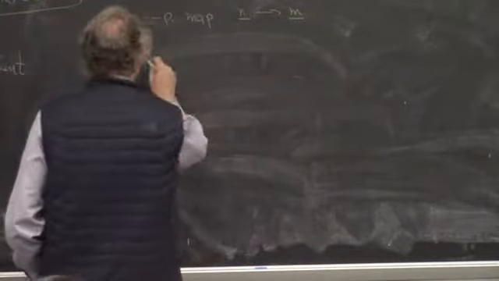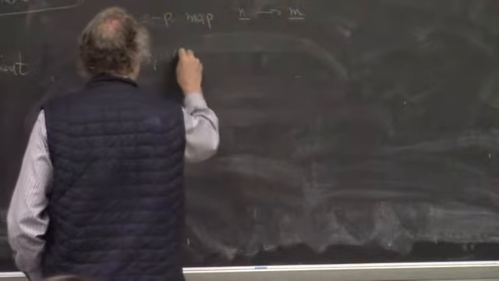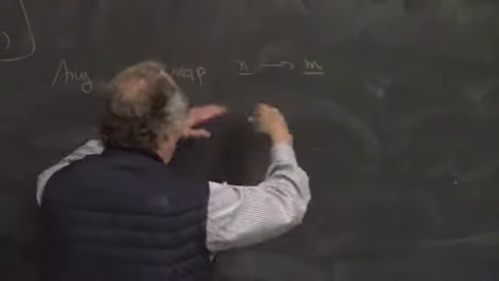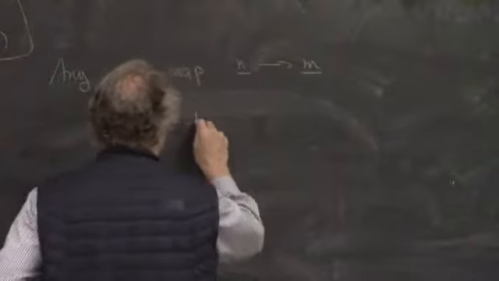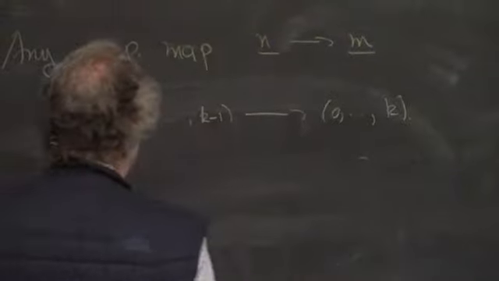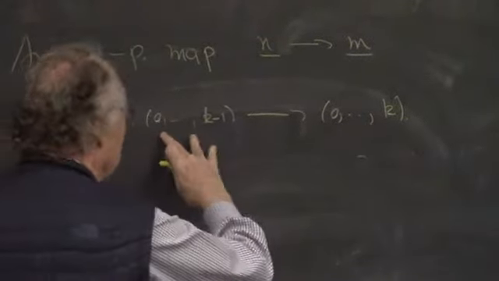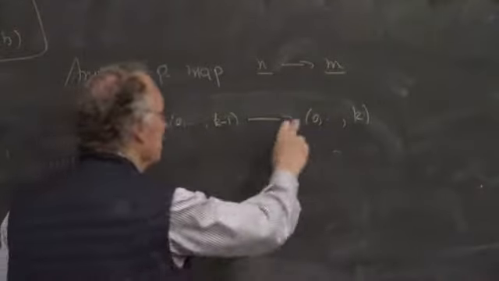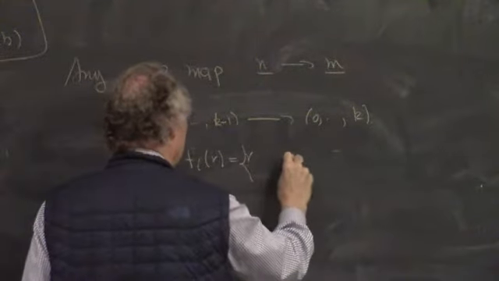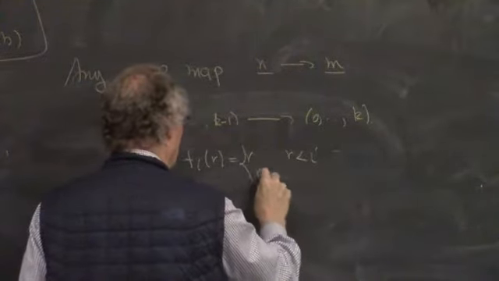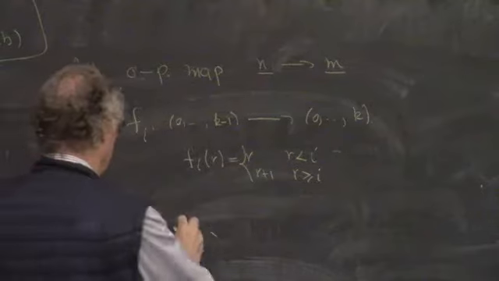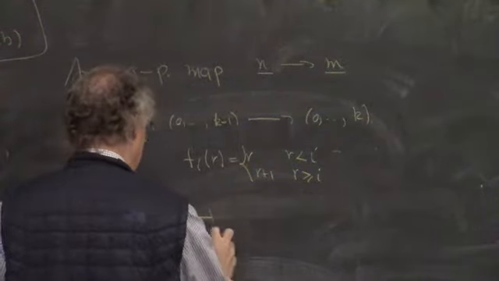It's a sequence of face maps. Well, the indices are going to bounce all over here. So let me just call it K times 1, 0, K. So this is the strictly order preserving map that misses I. So F_i of R is R if R is less than I, and it's R plus 1 if R is greater than or equal to I. So a picture of this map would be 0 to k minus 1.